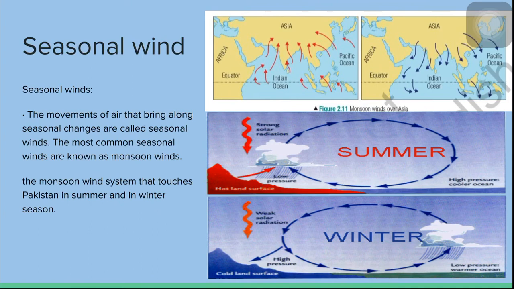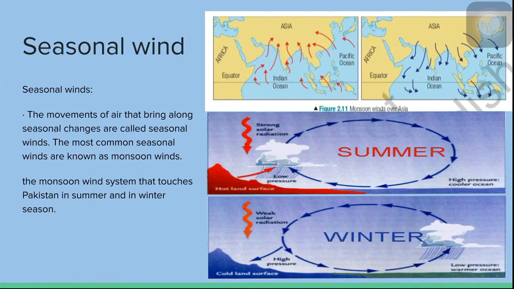Now in this figure you can easily see that in the summer season the temperature of the land is high, meaning a low pressure belt arises. The characteristic of the ocean is that it gradually increases or decreases its temperature. So in the summer season the high pressure belt arises over the sea.